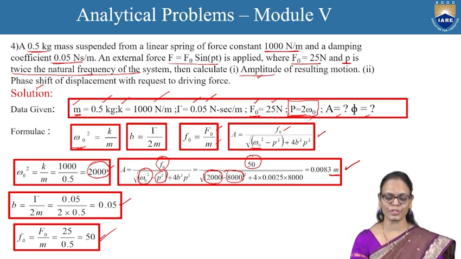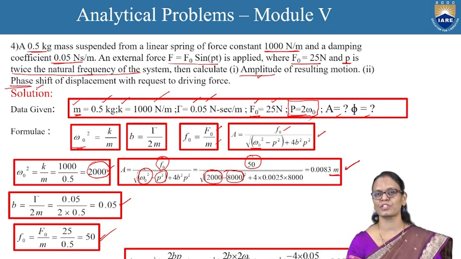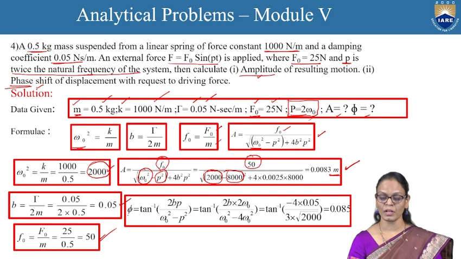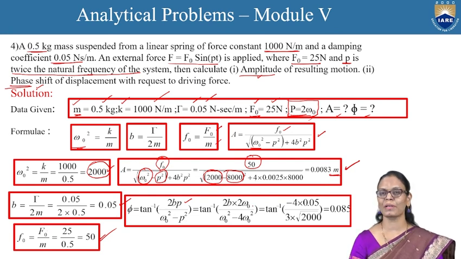So after amplitude, we'll also have to find the phase shift. What is the formula for the phase shift? Phi is given by tan inverse of 2BP upon omega naught square minus P square. For P, we are going to write 2 omega naught because it's twice the natural frequency.